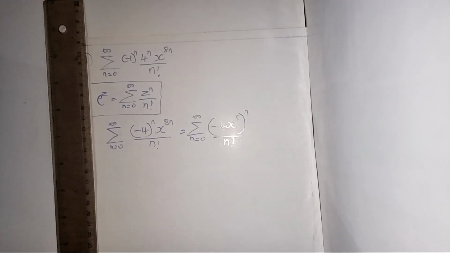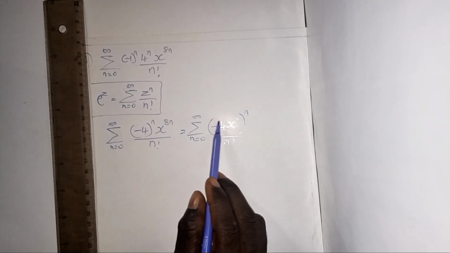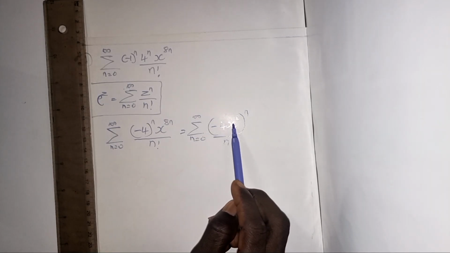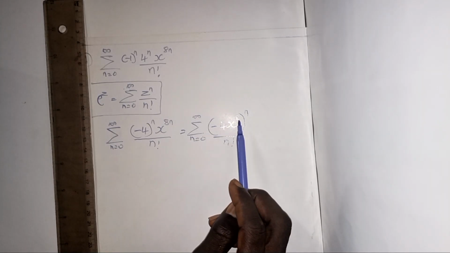I can also write it as minus 4x raised to power 8, all in brackets to the power n, then all over n factorial. Then if you go back to the exponential function that I gave earlier, the exponential of z, which is z raised to power n over n factorial, everything inside this bracket is our z.